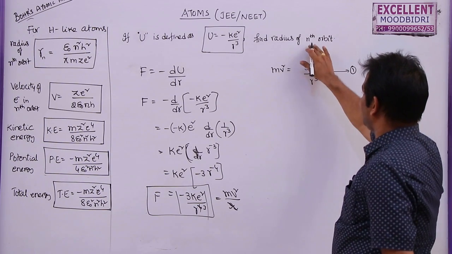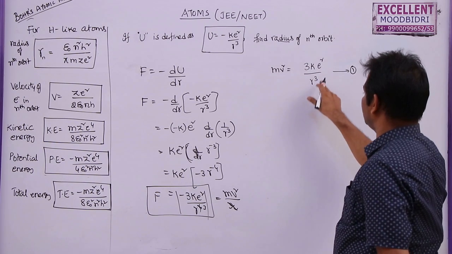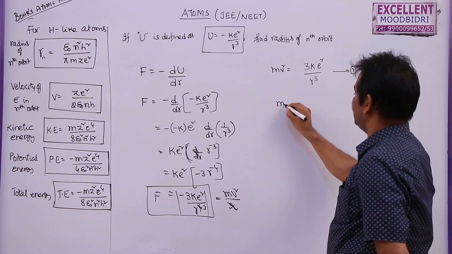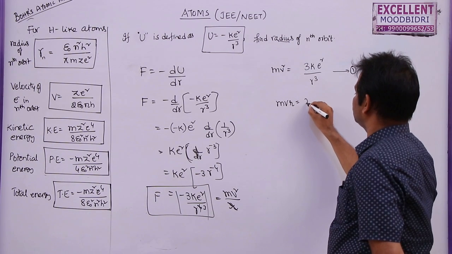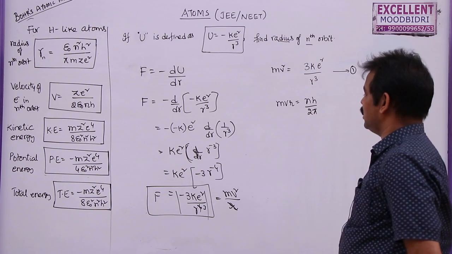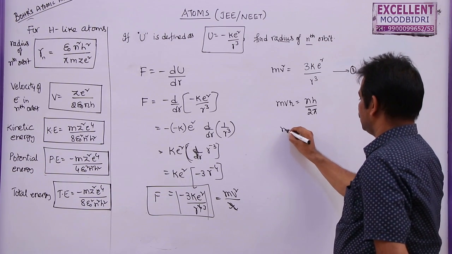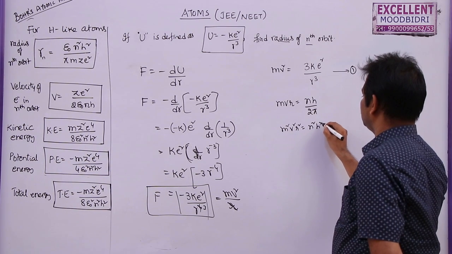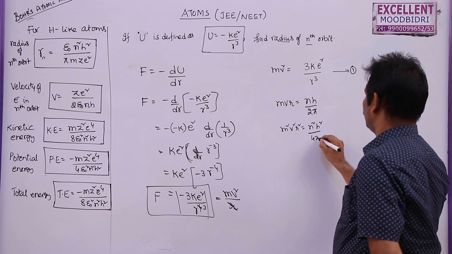To find out the radius, r is not present here, so I need to use the angular momentum of electron, which is equal to mvr is equal to nh by 2 pi, where n is the nth orbit here. So from this we can write m square v square r square is equal to n square h square by 4 pi square.